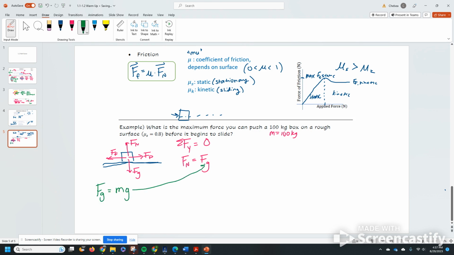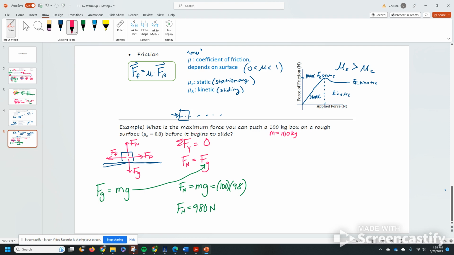So let's substitute that in. The normal force is equal to mg. That's useful because I have both of those things. So this is 100 times 9.8, so my normal force is 980 newtons. That will be useful in a second, but it's not what we're looking for right now.